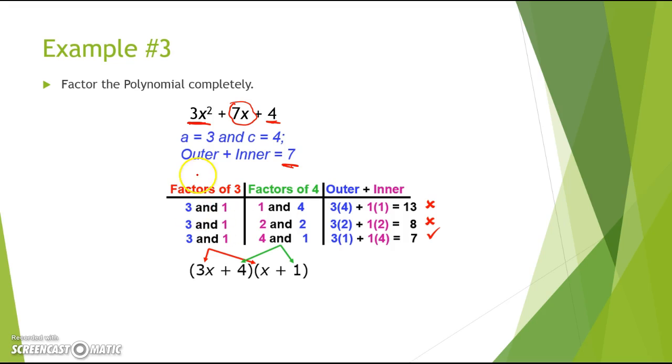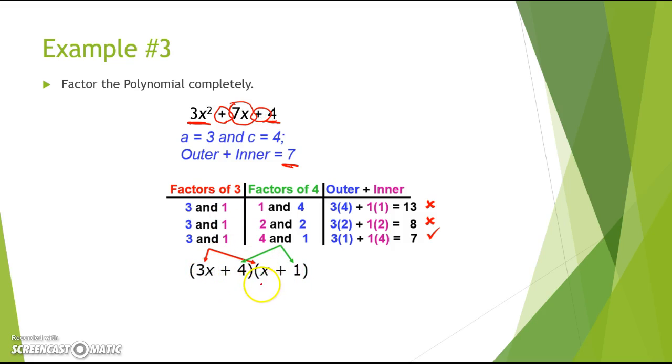So we have to think of factors of 3, which is 3 and 1. Factors of 4 is going to be 1 and 4, 2 and 2, or 4 and 1. And when we set up parentheses, how would we set it up? Well, we have two positives here, so we're going to have two plus signs in the parentheses.